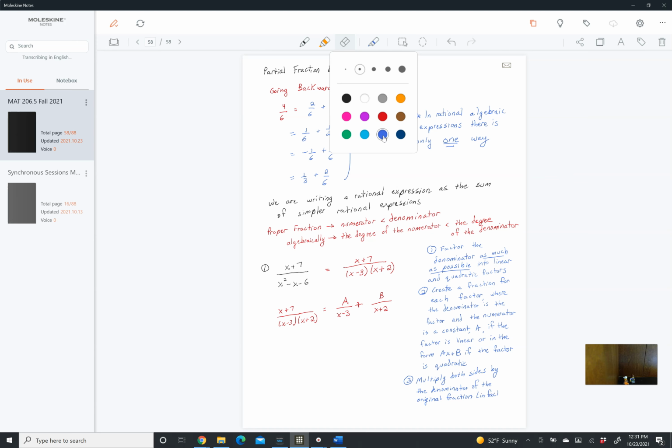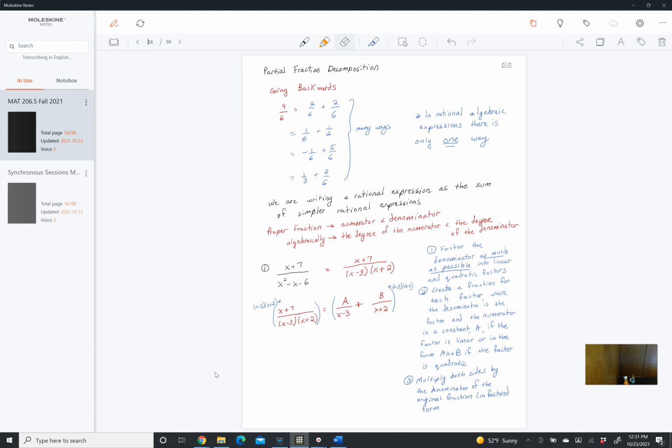So don't go back to your very first step. You're basically saying multiply by the denominator of the fraction on the left. So in other words, you're taking this and you're multiplying by x minus 3 times x plus 2. And then you're taking this and you're multiplying by x minus 3 times x plus 2.